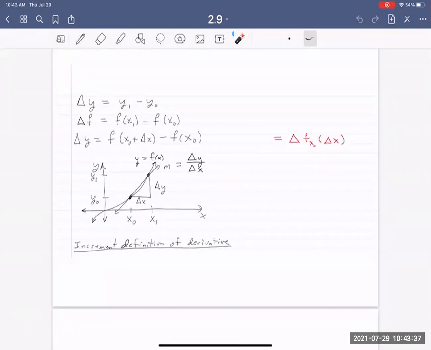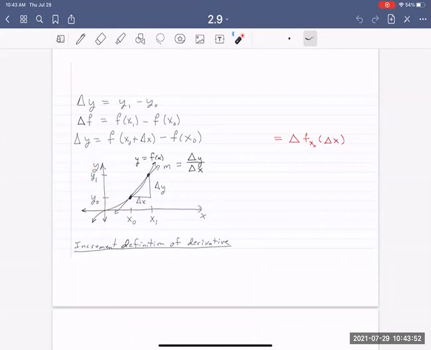And so, let me give you a little picture of what we're trying to do here. Suppose I have some function, y equals f of x, relative to some coordinate system, the x and y coordinate system.